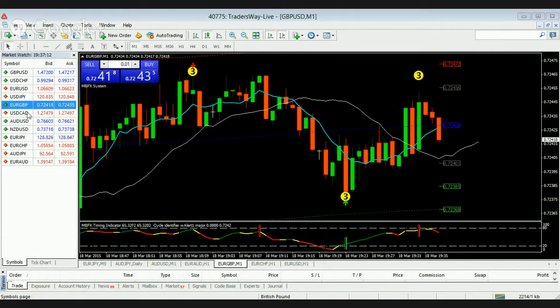After that third red candle, it goes up again, so you have to watch for that. When the second candle starts to form and it's red, the same color as the first, that's when you go in, because it's going down.